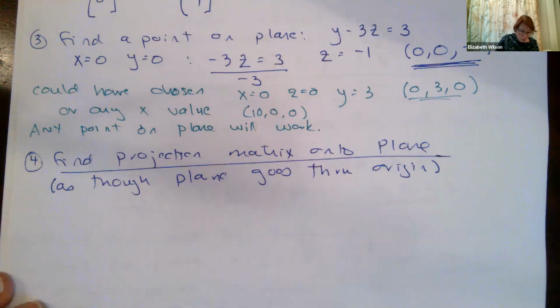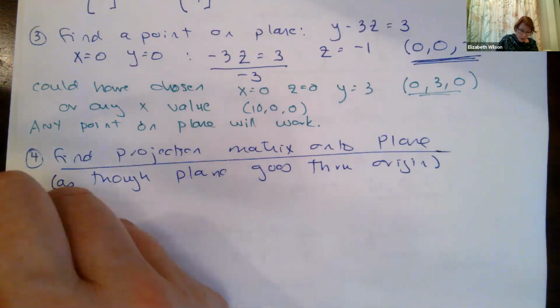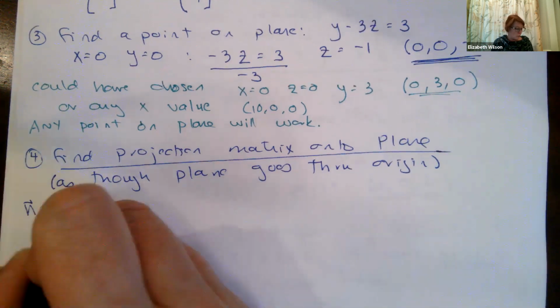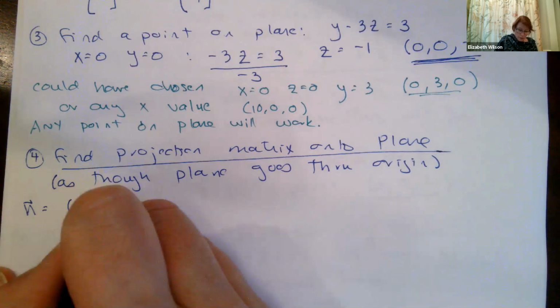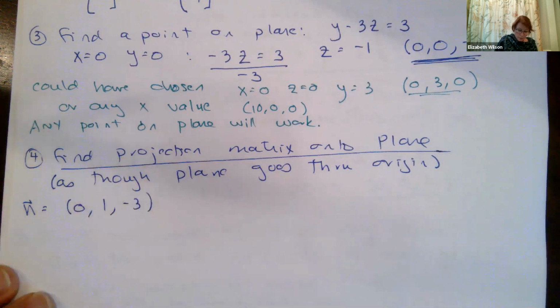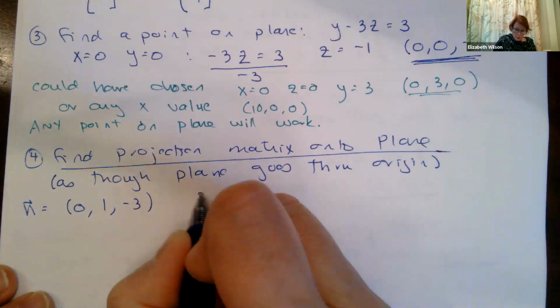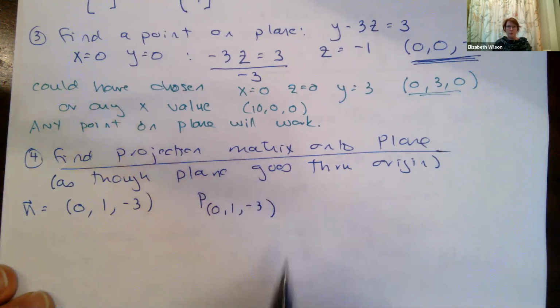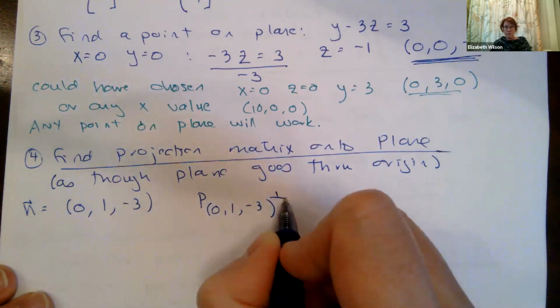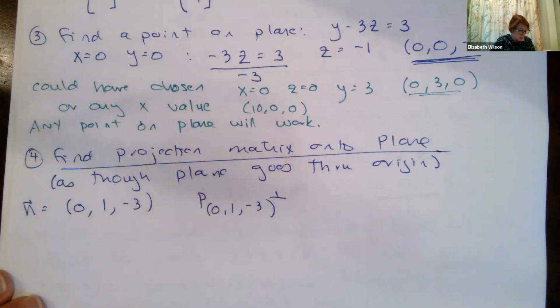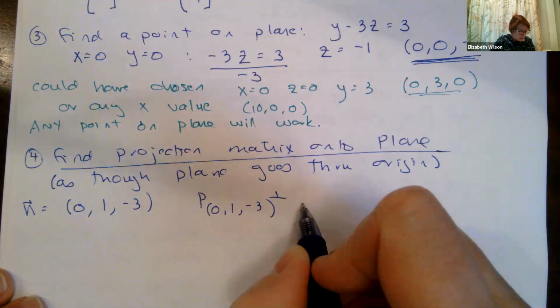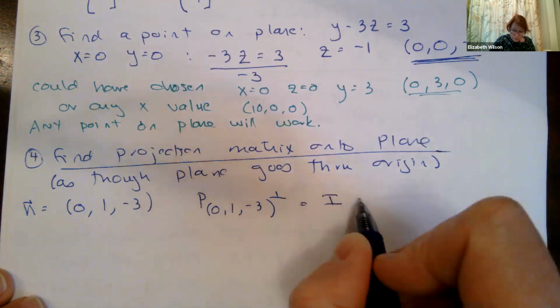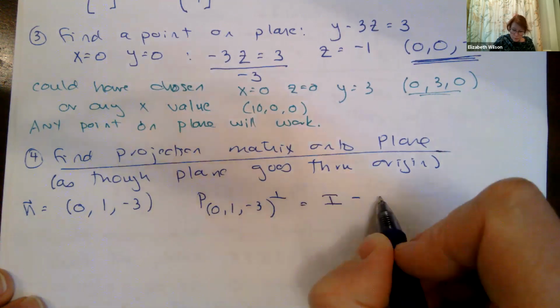So the normal to our plane is 0 for x, 1 for y, and -3 for z. That's our normal. So I'm going to look for a projection that's perpendicular to that normal. Perpendicular to the perpendicular means it's the plane. We're projecting onto the plane. So remember, our formula is the identity matrix minus our projection onto our normal.